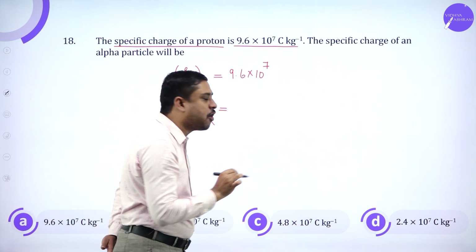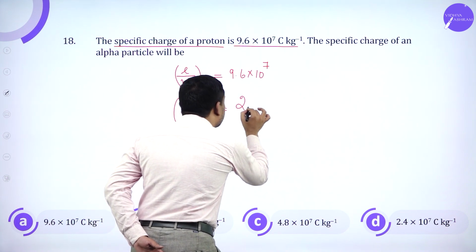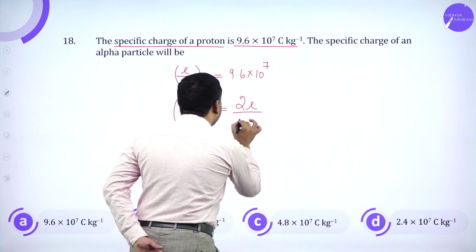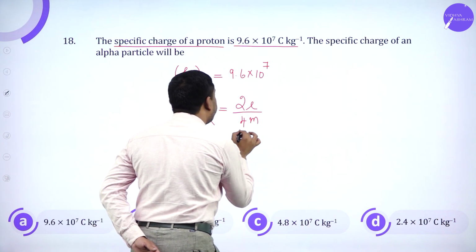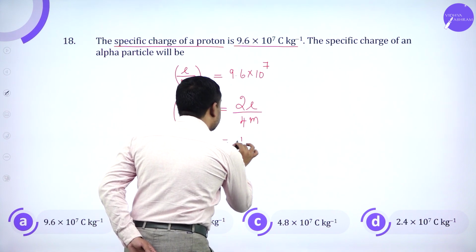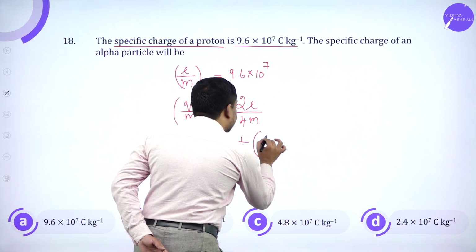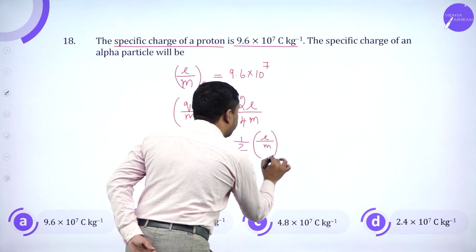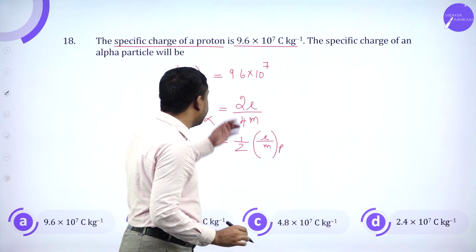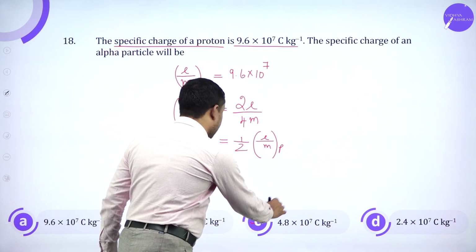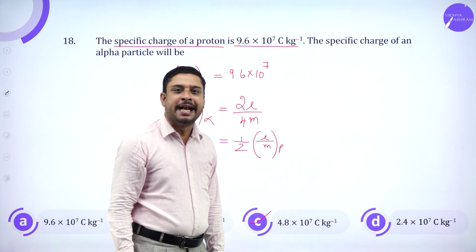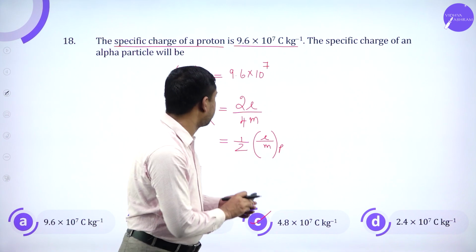What is the charge of an alpha particle? 2 times e. Mass is 4 times m, that of a proton. So this is half of e by m of a proton. So 9.6 divided by 2, nearly 4.8 into 10 power 7.